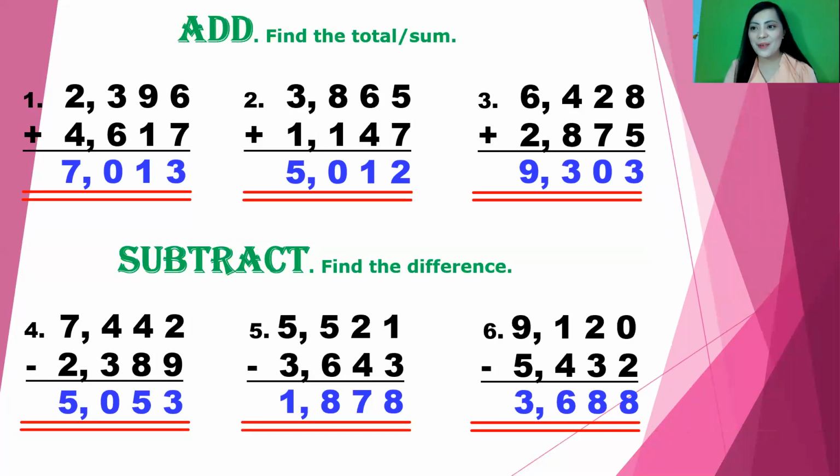Number three, the answer is 9,303. Number four is 5,053. Number five is 1,878. Number six is 3,688. All right, so that's all.